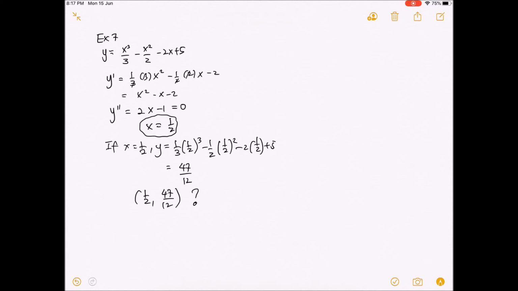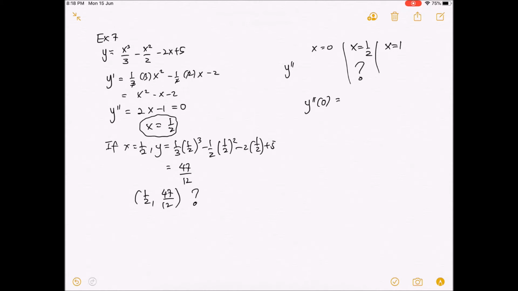Is it an inflection point? The question is whether y double prime changes sign. Let's say I have x equals 1 over 2 here, so I have to find a point before and after x equals 1 over 2. Let's say I choose x equals 0 and x equals 1.